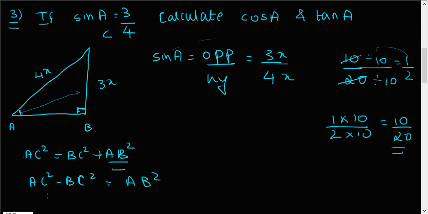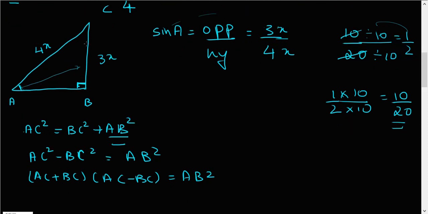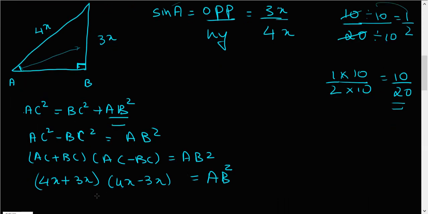As I said, A square minus B square is A plus B into A minus B. So I have AC is 4x plus BC, that's 3x, 4x minus 3x equal to AB square. So over here we have 7x.